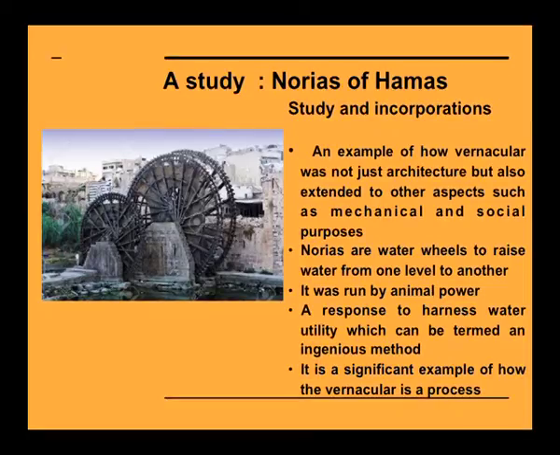It is a significant example of how the vernacular is a process. Vernacular architecture does not specify only architecture. It talks about how a settlement evolves in terms of socio-economic reasons, culture, architecture, and also planning and the city or settlement development.